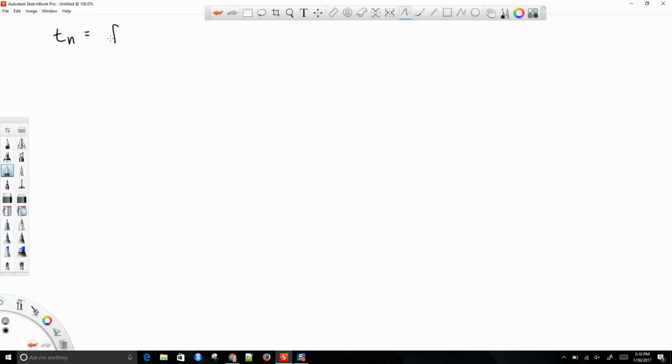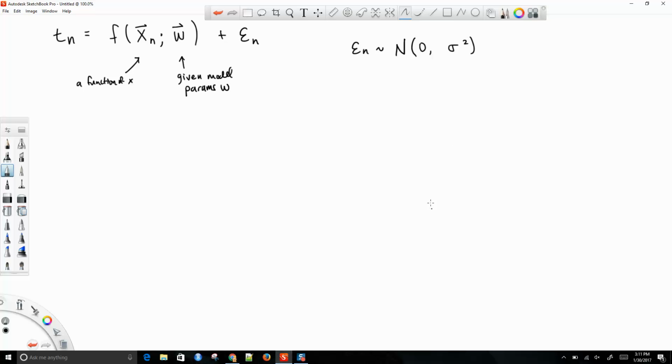We will say t sub n is a function of x sub n given model parameters w, plus some error value e sub n, and we will say e sub n comes from a normal distribution with mean 0 and variance sigma squared.